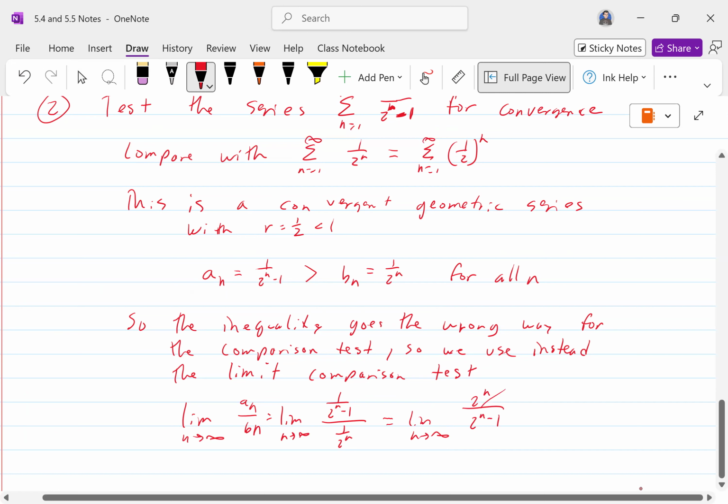If we divide both top and bottom by 2 to the n, we get the limit as n goes to infinity of 1 over 1 minus 1 over 2 to the n. This goes to 0, so this thing equals 1.